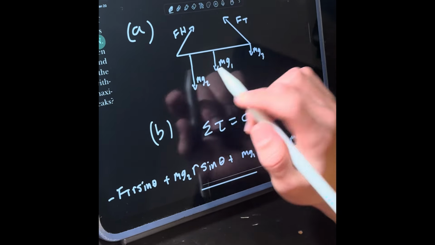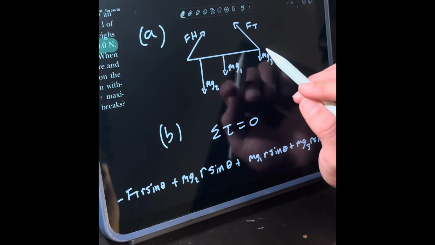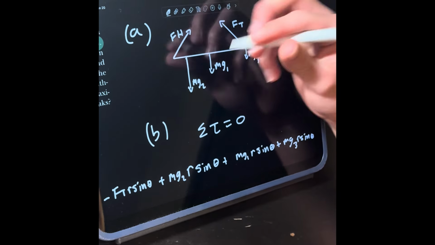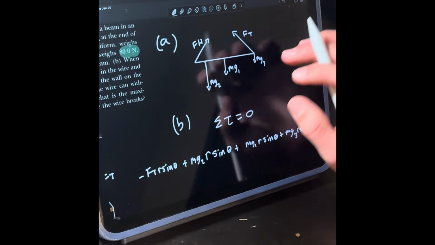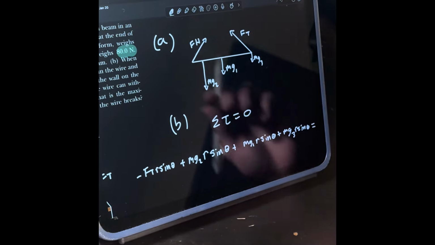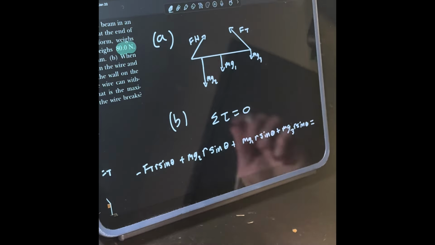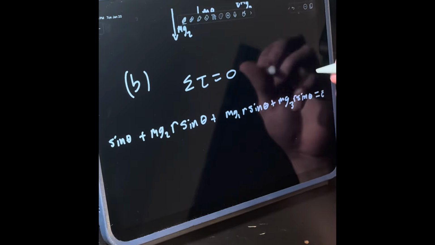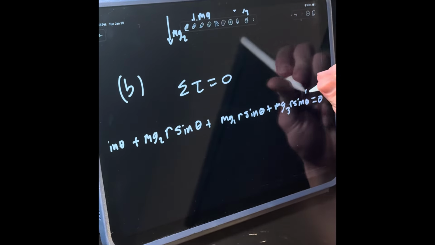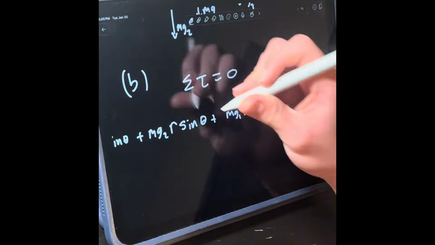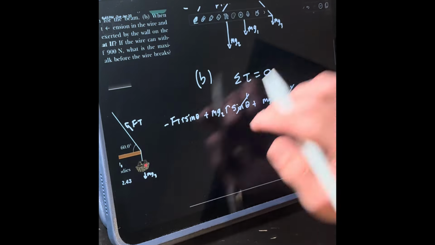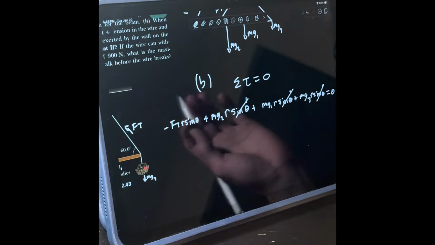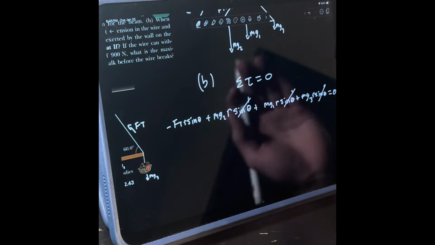All of this equals 0. Since we can see that gravity makes a 90-degree angle with the axis of rotation, the torque has sine of 90, which equals 1. So all of these are being multiplied by 1, so you can just cancel it out. 1, cancel, 1, cancel, 1, cancel. We want to take the torque of the force tension to the right side so we can isolate force tension and then solve.